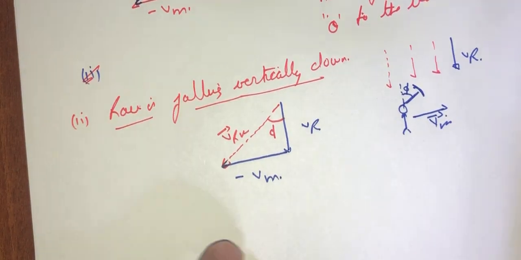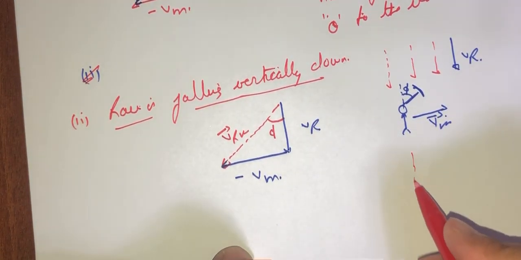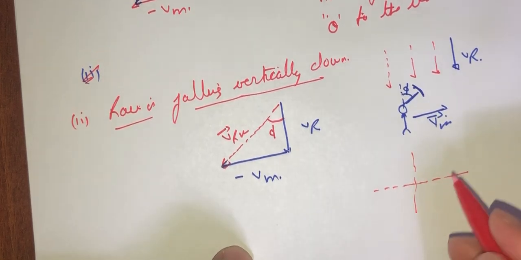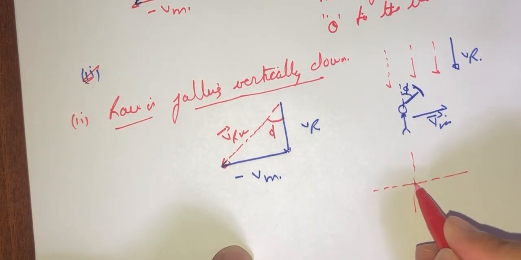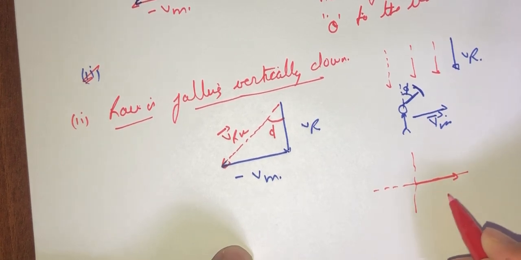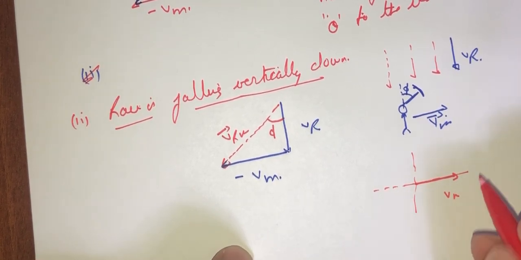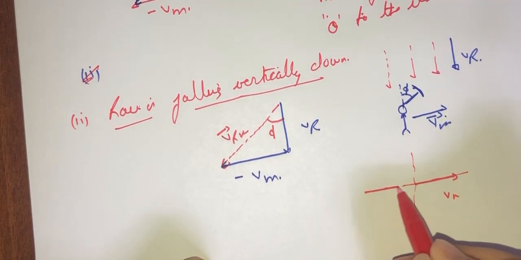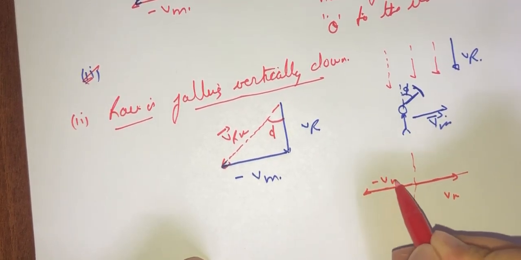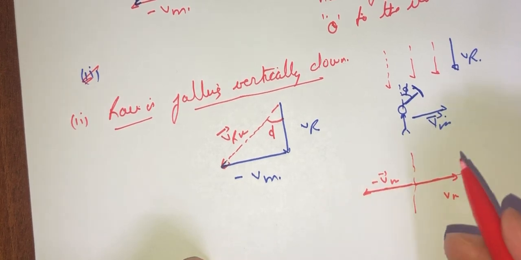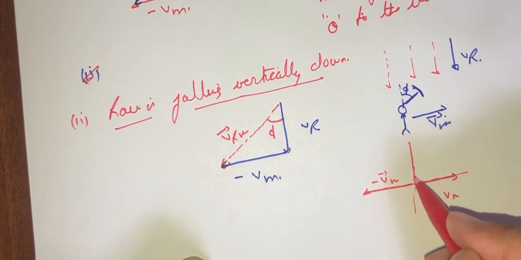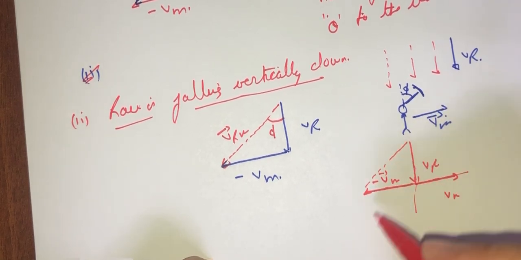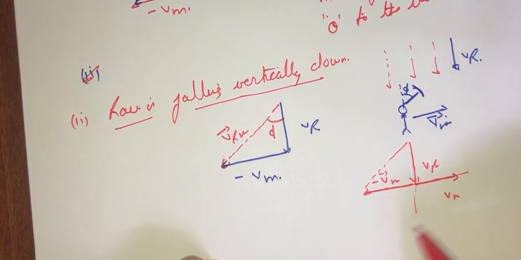Or we can also represent this with a coordinate system, where Vm is in this direction so that our triangle is completed, and Vr we already know is in this direction.